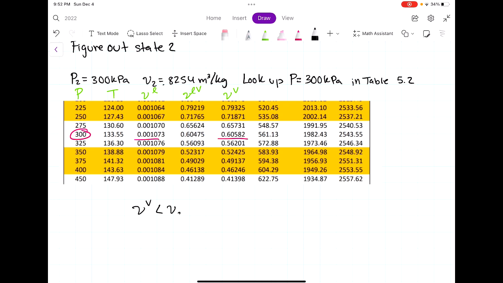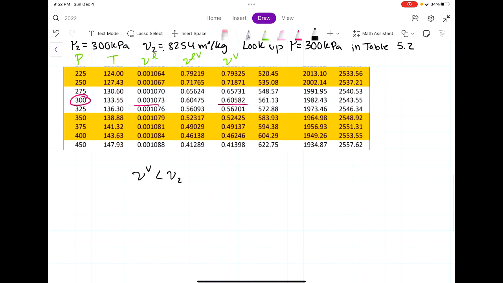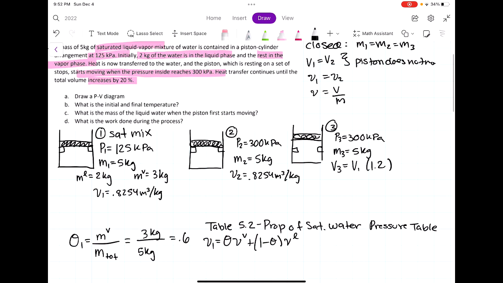So that means that our state 2 is a superheated vapor. Superheated vapor. And if you don't remember why or how to do that, make sure you watch some of my past videos. I post a little cheat sheet about how to figure that out quickly. Alrighty, state 2, superheated. Great.